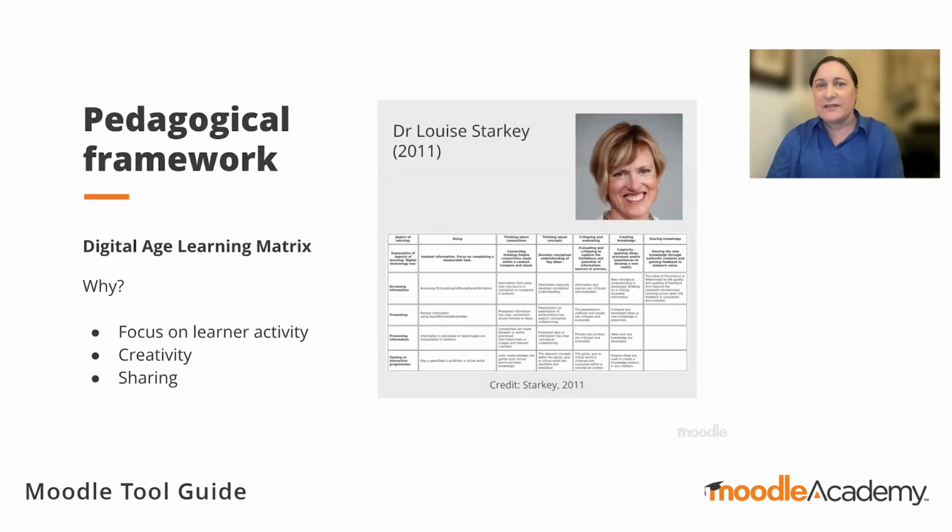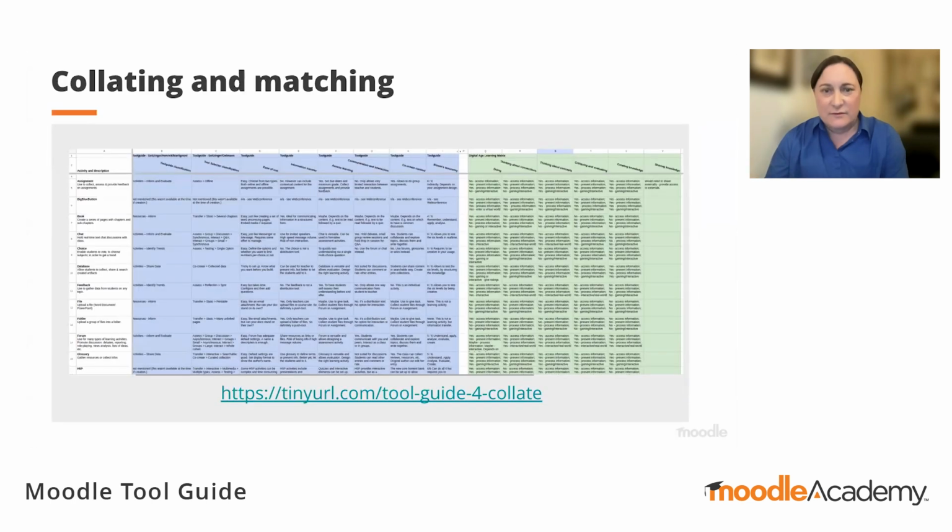And it really resonated with me that the focus was on the learner's activities, on the creativity, and on the sharing of knowledge. So to create the guide, I put together a big spreadsheet, and I've shared that with you as well. Put it on Google Docs so you can, if you want to have a look at it.